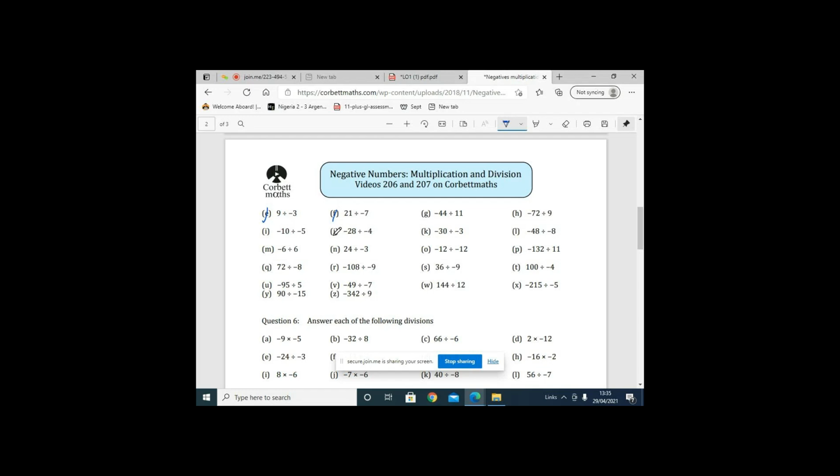So positive divided by negative equals negative. So -3. Yeah, negative 3. What about F? 21 divided by 7. It's also -3.